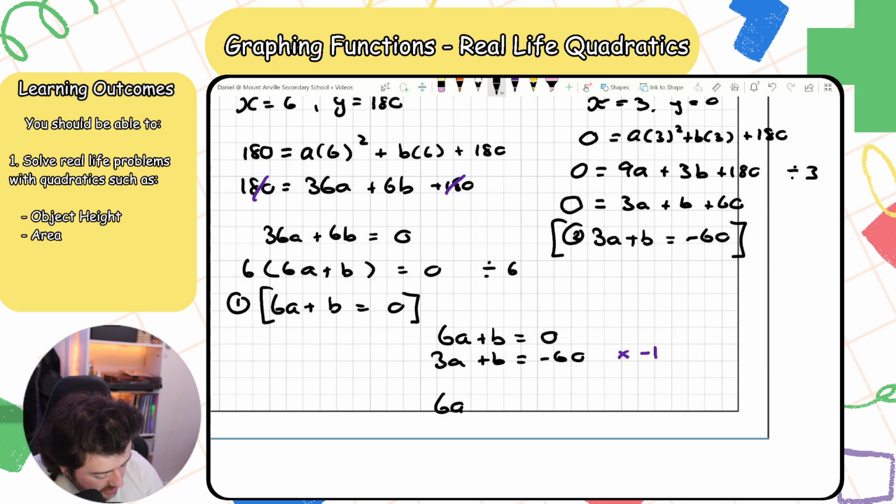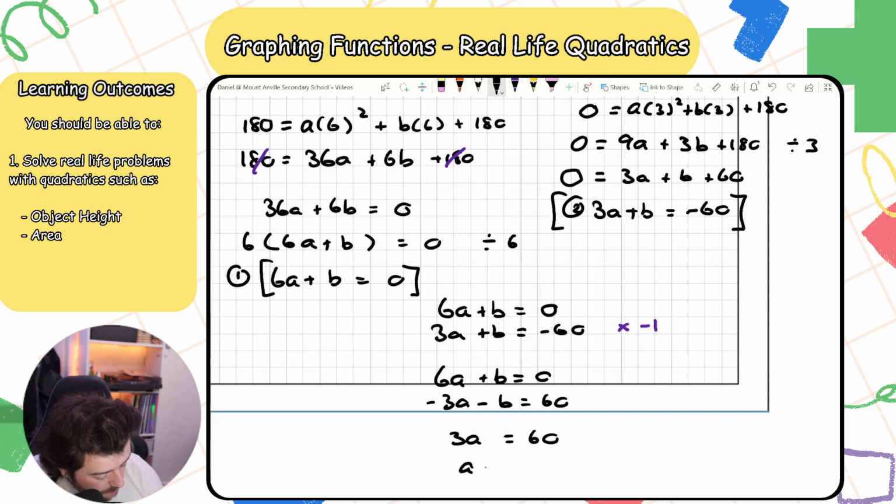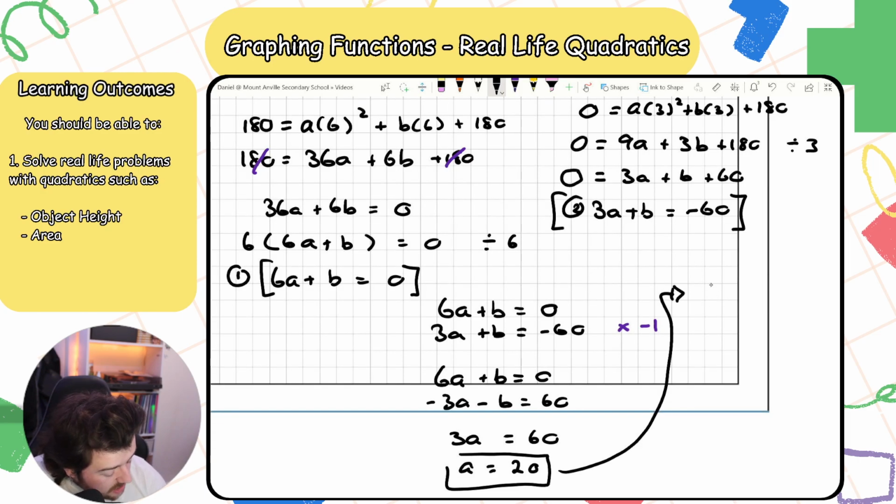I'm going to have 6a plus b equals 0, minus 3a minus b is equal to 60. That's going to be equal to 3a is equal to 60, as the b's cancel out. Divide both sides by 3. I get a is equal to 20. And then with simultaneous equations, you sub it back in. So I'm just going to sub it into the first one because why not? 6 times 20 plus b is equal to 0.